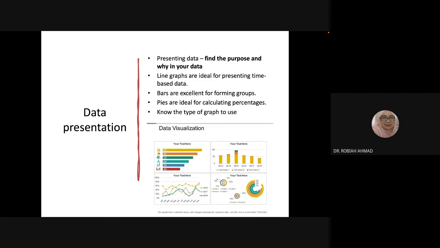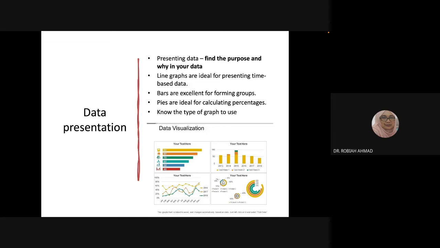household income, for example, the B40. And for example, I am the manager for APEL, UTM. APEL is accreditation of prior experiential learning.